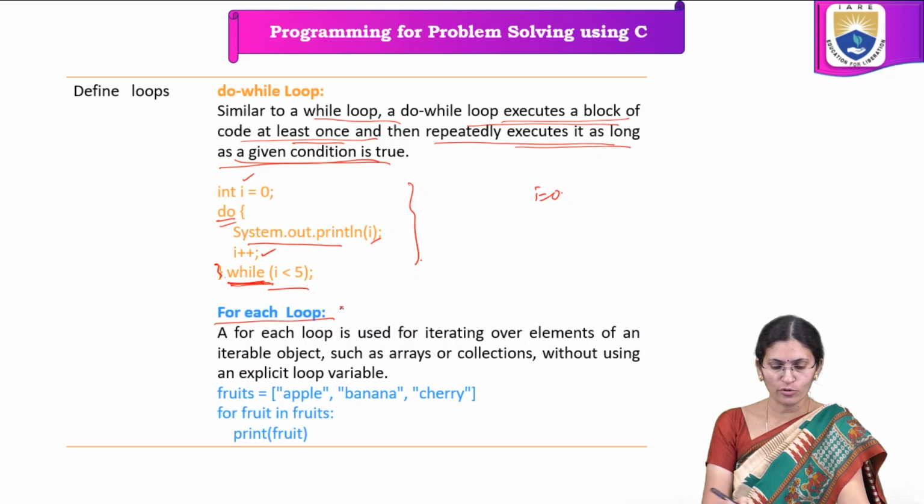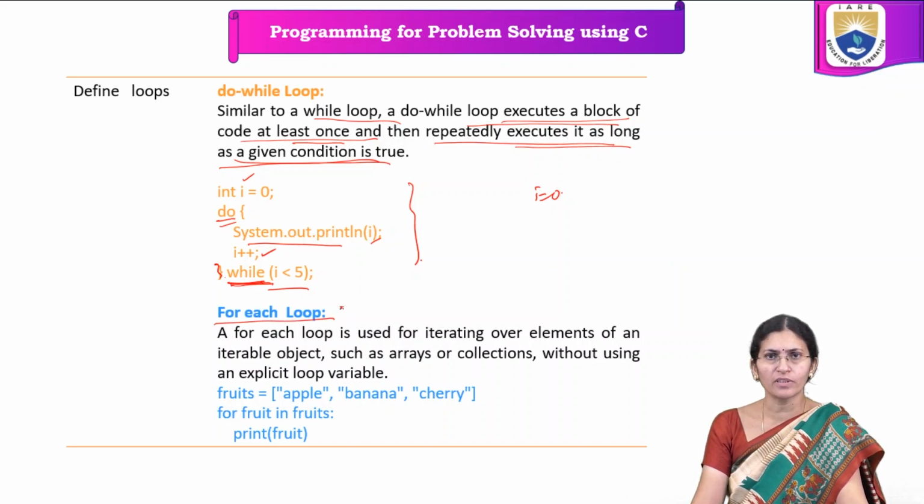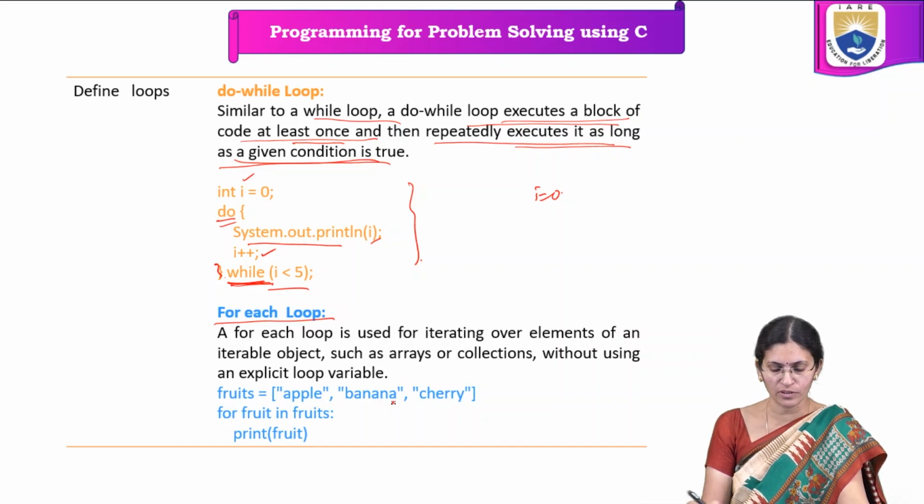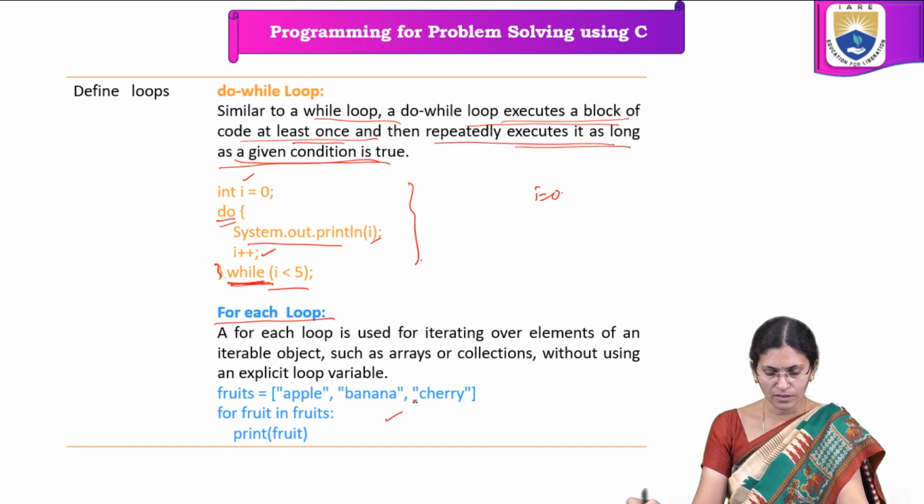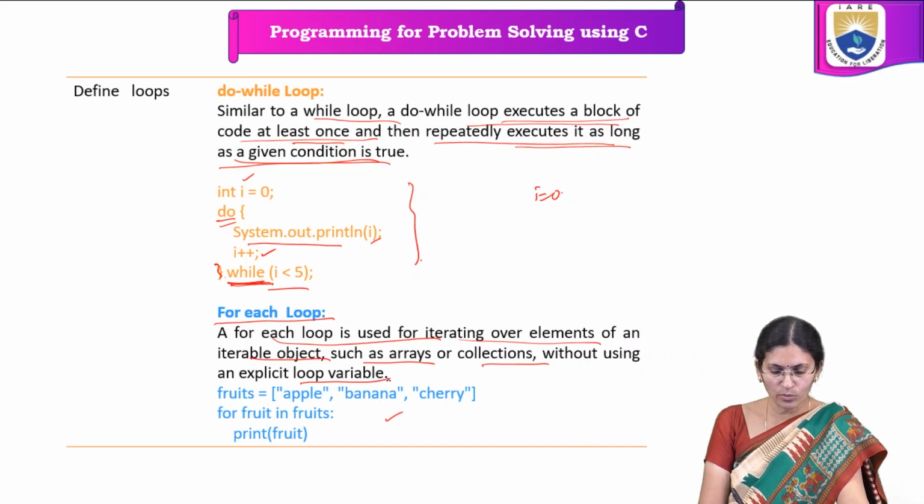Next one is for each loop. For each loop concept is not there in C programming language. We have it in other programming languages like Python and Java. So this is an example of Python programming language. For each loop is used for iterating elements of an iterable object such as arrays or collections without using an explicit loop variable.